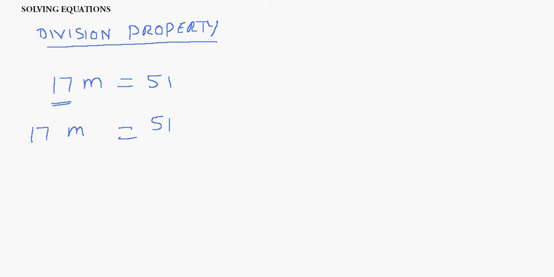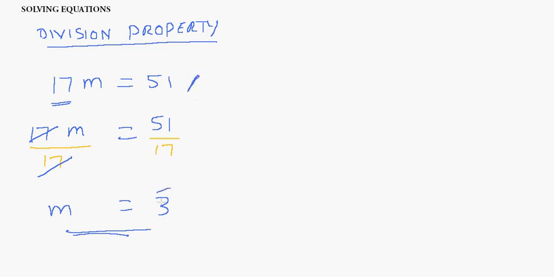Now take 17 as the divisor. Now 17 gets cancelled. m equals 51 over 17, which gives you 3. Therefore m equals 3 is the solution of the original equation.